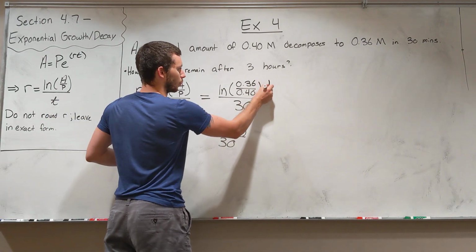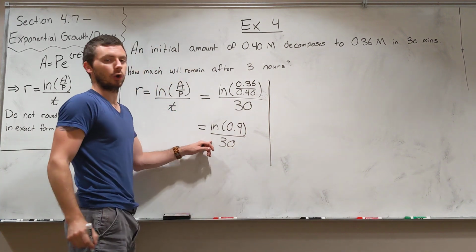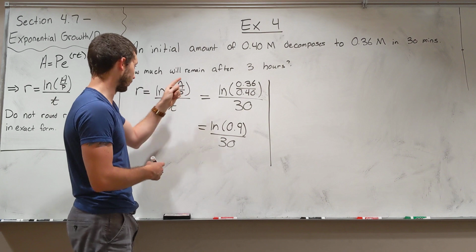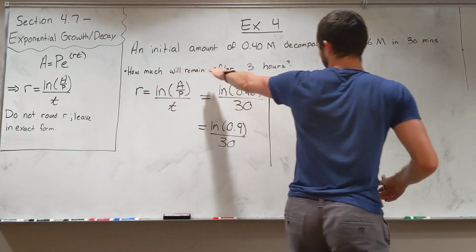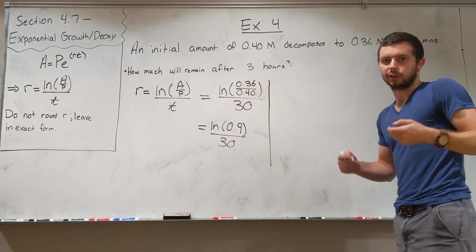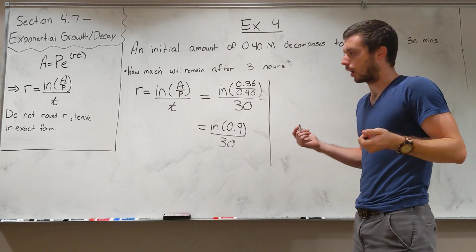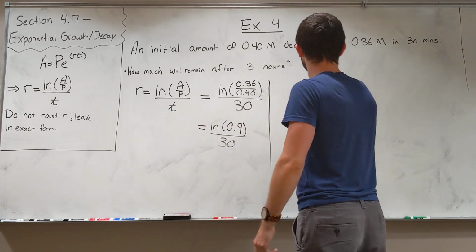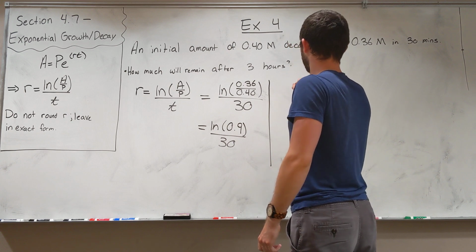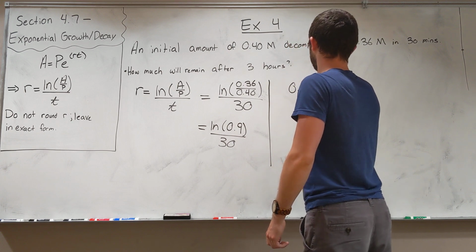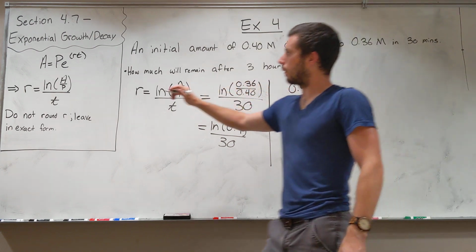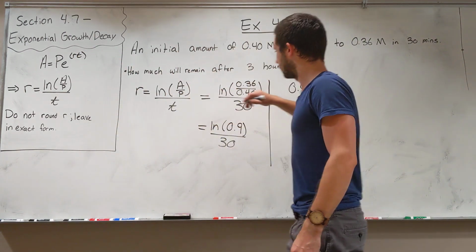So we have the rate, and that will help us solve the question, and actually the next question after this one. How much will remain after 3 hours? They give us some quantity of time, and we're looking for the final amount. So we start off with 0.40, e raised to the rate and the time.